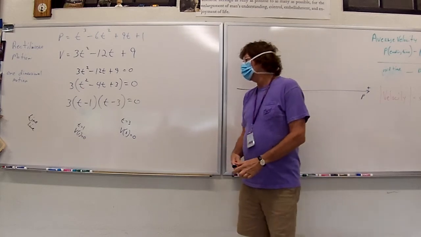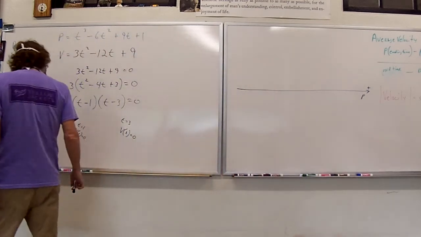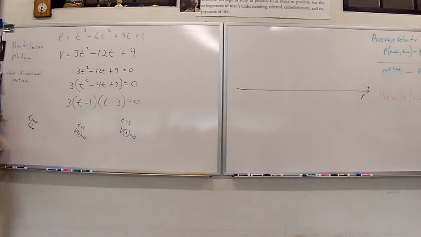All right. So what you do, real simply, is you pick a number smaller than time equals 1 and substitute it in your velocity formula. So we'll put 0 in our velocity formula, and you find out the velocity is positive. Somebody says, no, I want to test -1. Put -1 in there.